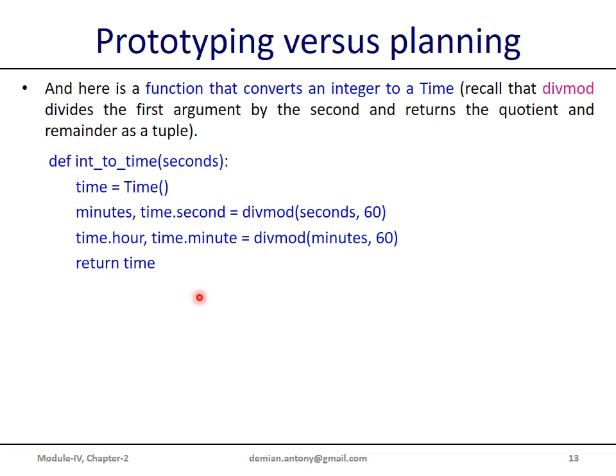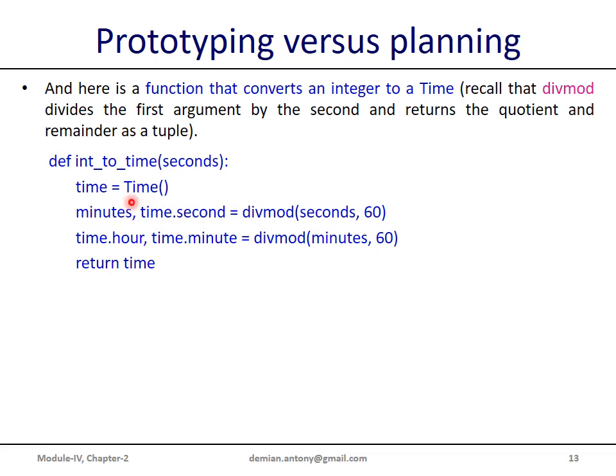In this function we create a new time object, and now we apply divmod onto the seconds, which gives me the minutes as a quotient and the remainder is the seconds. This goes to the new object time dot seconds.